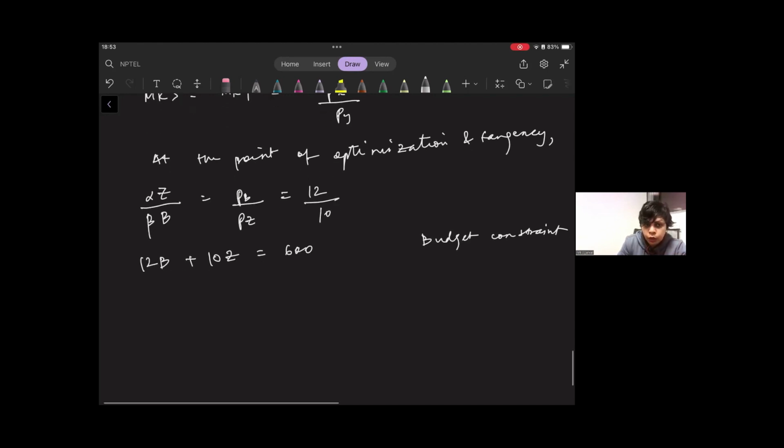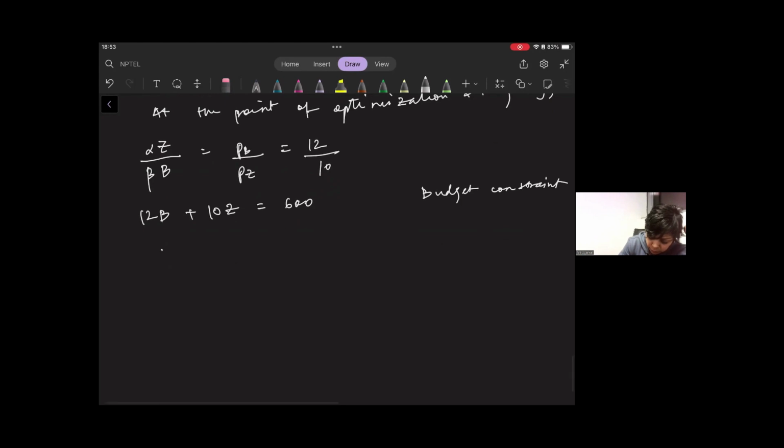Okay. Now you have different ways of solving this. You can solve it in whichever way you like the most. 10 is equal to 12 beta B by 10 alpha.